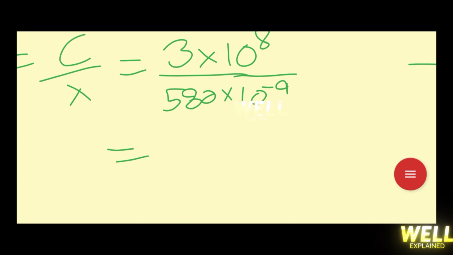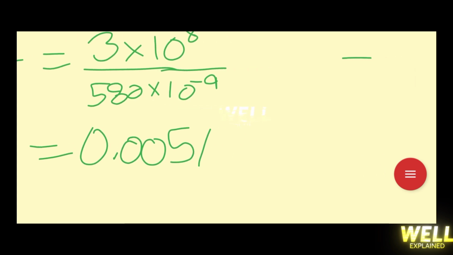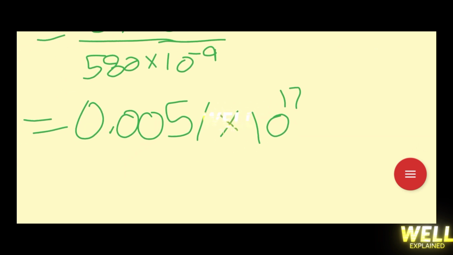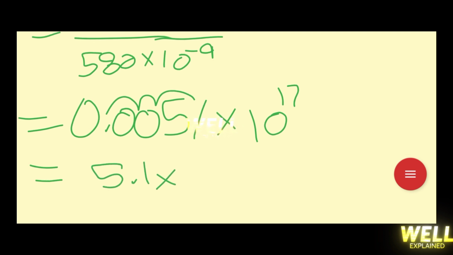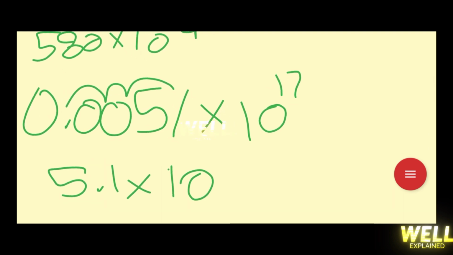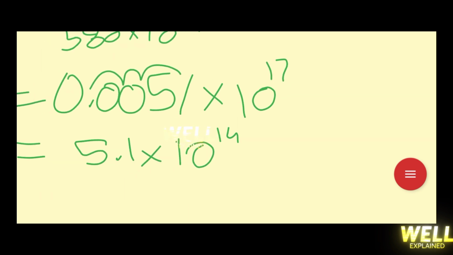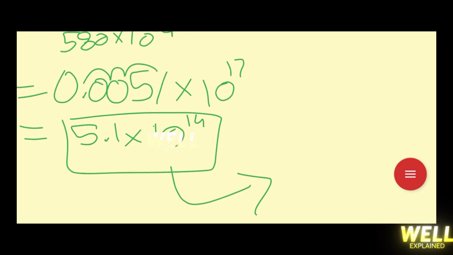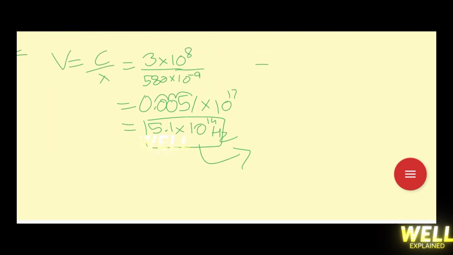Okay, this I will have 0.0051 into 10 to the power 8 plus 9, that is 17, that is 5.1 into 10 to the power 14. So this is the frequency of yellow light of wavelength 580 nanometer.